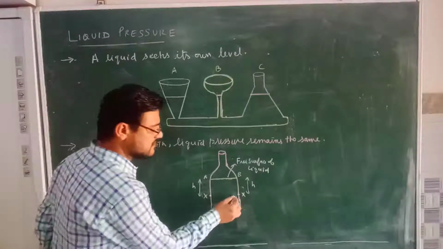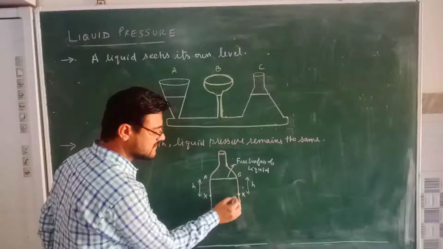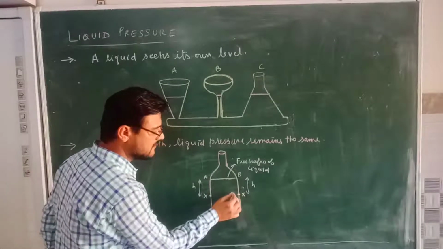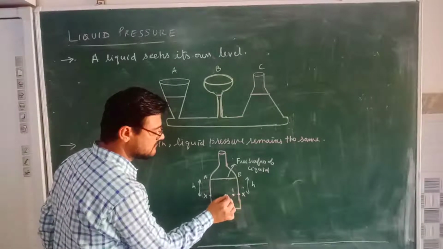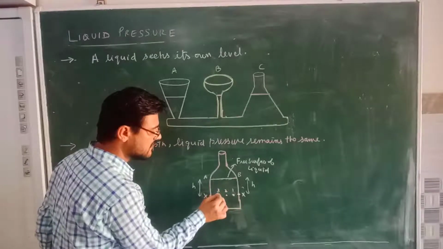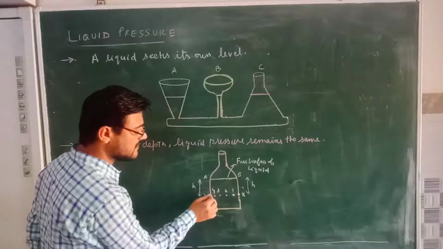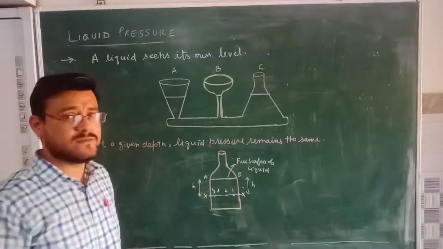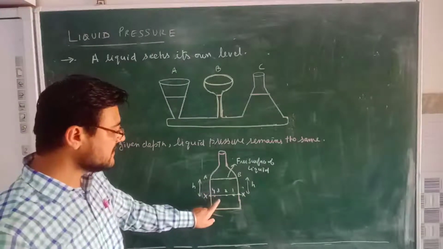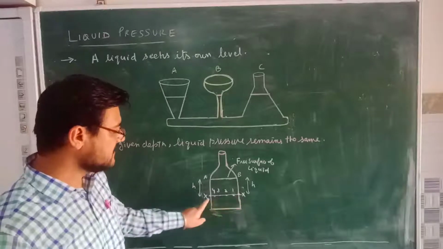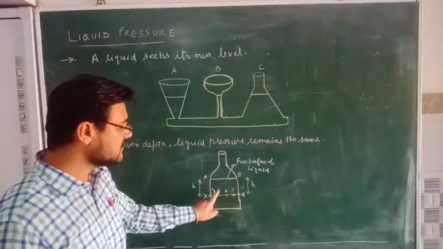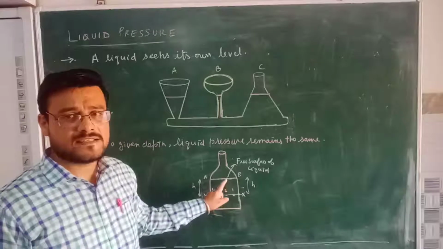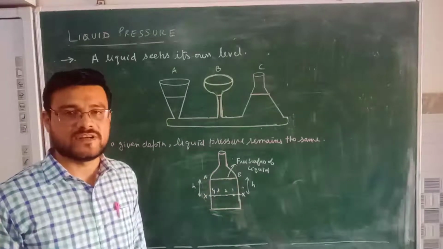If we punch some holes at the point X, at this point 1, at this point 2, at this point 3, at this point 4, and also at this point, so that all these points lie in the same straight line, then you can clearly see that all the points X and X as well as 1, 2, 3 and 4 are present at the same depth below the free surface of the liquid.